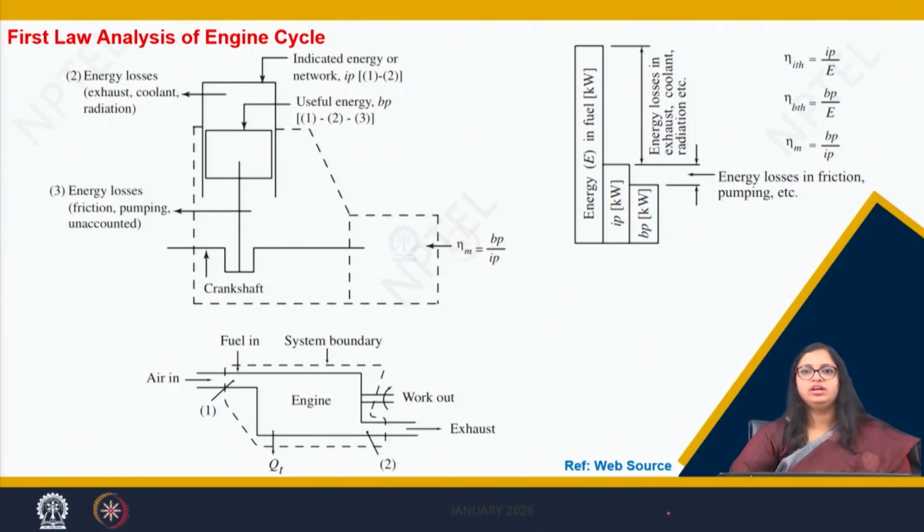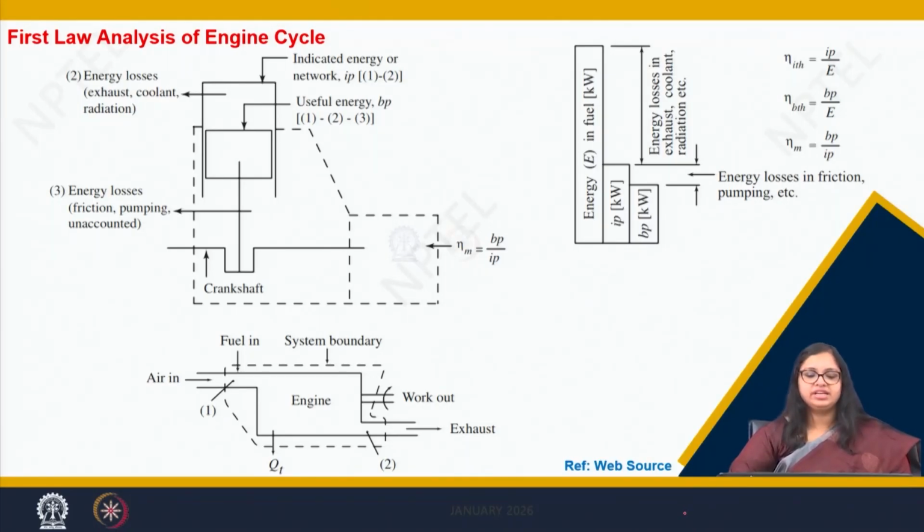The total energy that the engine receives comes from the mass of the fuel and the calorific value of the fuel, like what kind of fuel is being used, whether it is petrol, diesel or any other fuel. So the energy of the fuel comes from that.